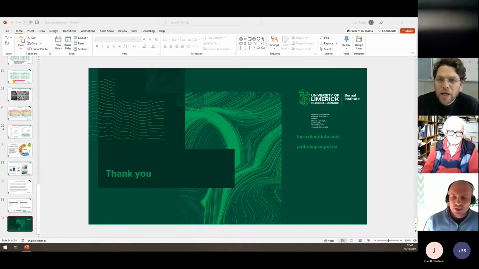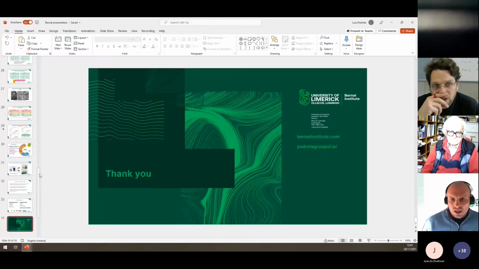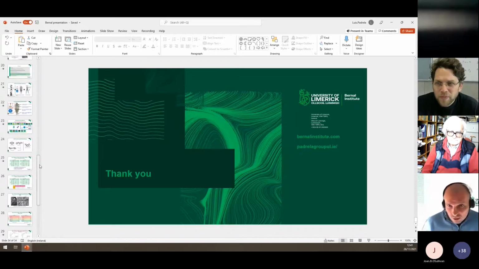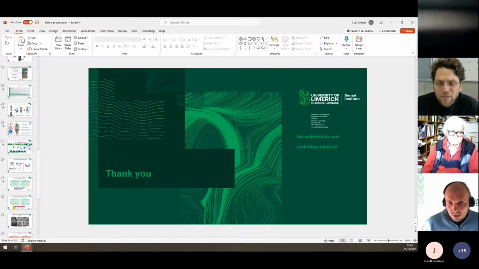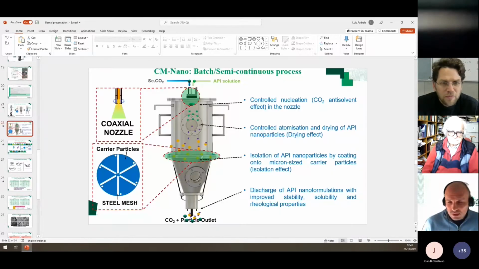Okay. And another question, more practical. When you spray dry your API onto your excipient, what's the load of drug onto the excipient? Yeah, at the moment, this was work done by Vivek, one of the former postdocs in my group. The load was 10% and 20%, and he was exploring up to 40% loading.